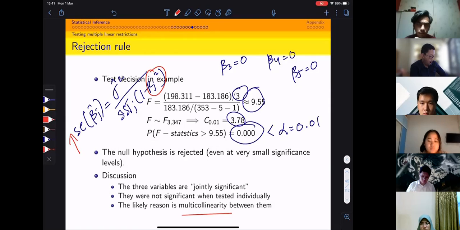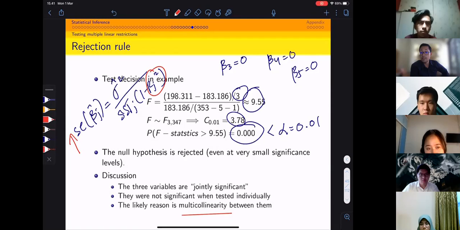Given that we want to test these explanatory variables simultaneously, does that mean that the F-test is never used for simple linear regression models with only one explanatory variable? You can actually still use it. This is actually a fun fact.